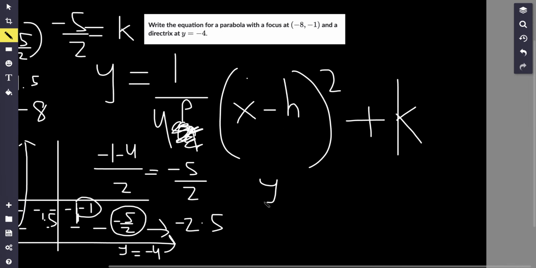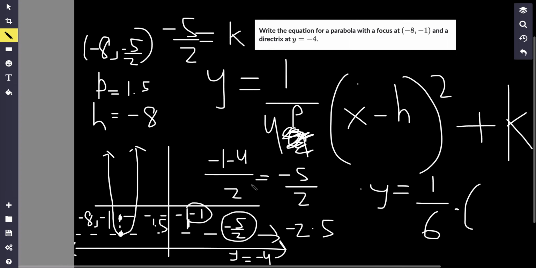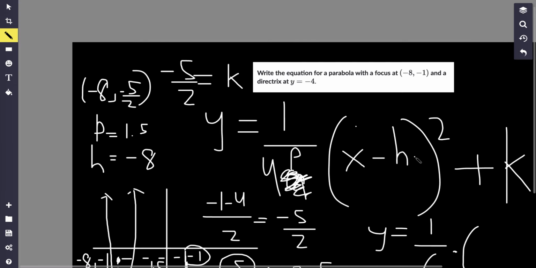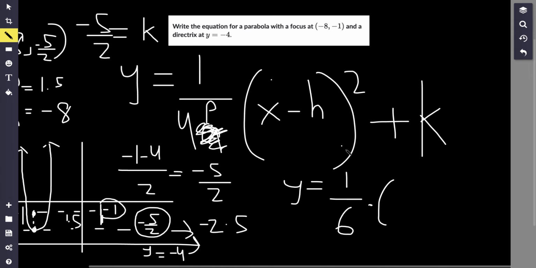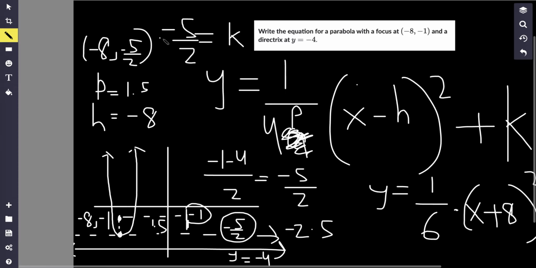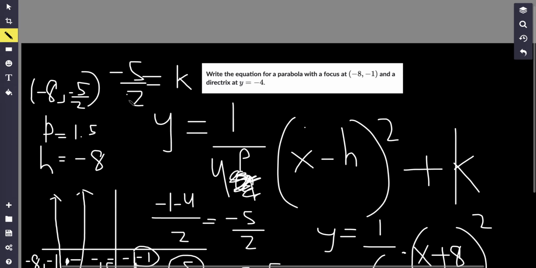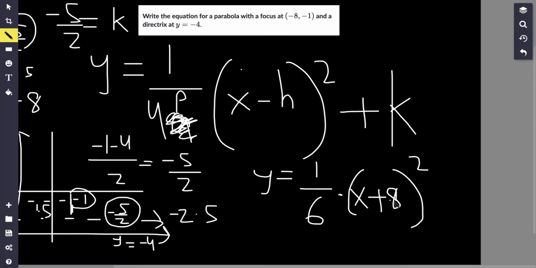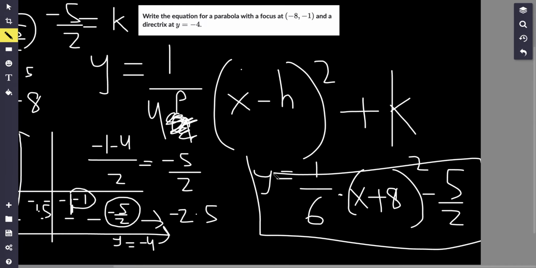This is going to be y is equal to 1/6 times x minus -8. If we plug in -8 for h, it's going to be x minus -8, which is just x plus 8 squared. And then plus k, we know that k is -5/2, so plus -5/2. And there is our answer.